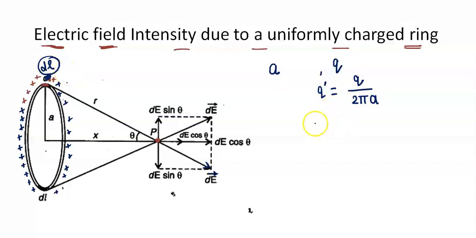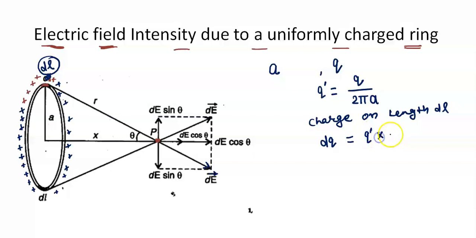So what will be the charge on the length dl? You know that it will be dq. We can write it as dq, and how will we find it? Charge on length dl will be dq, and that is equal to the charge per unit length multiplied by the small length dl.